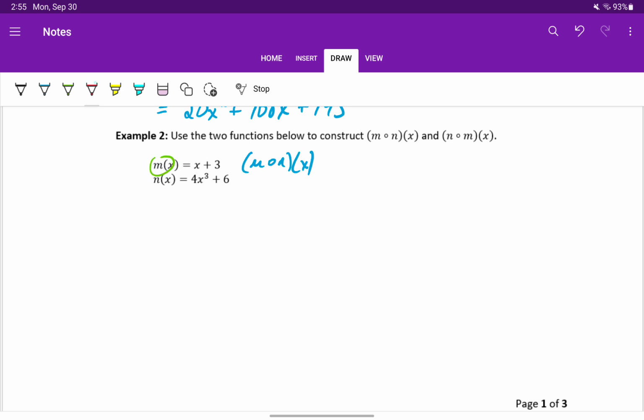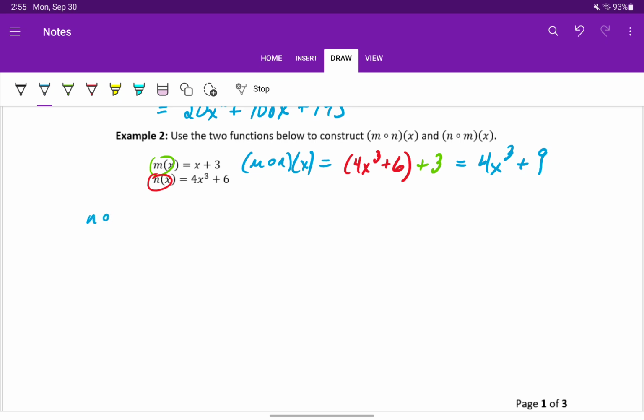If we let m be our green function and n be our red function, then we'll start off with our function m and substitute in n of x everywhere an x occurs. So in place of that first x, we'll get 4x cubed plus 6 plus 3, or 4x cubed plus 9.